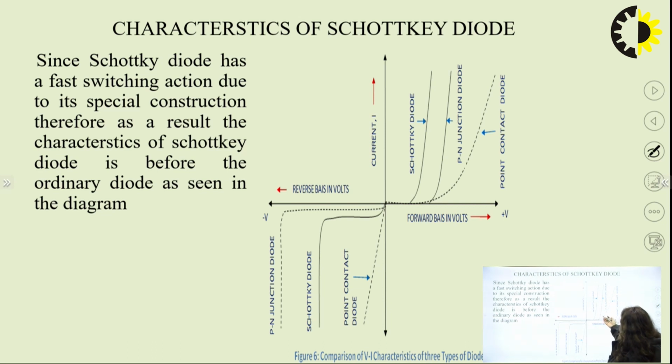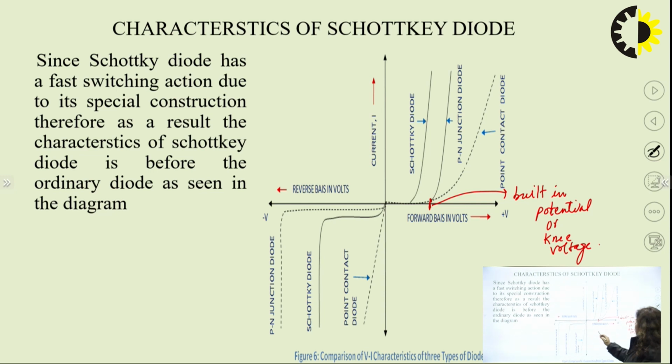So here the PN junction, this point is basically the built-in potential, or we can say knee voltage, which for silicon is 0.7 volts, and for germanium it is 0.3 volts.